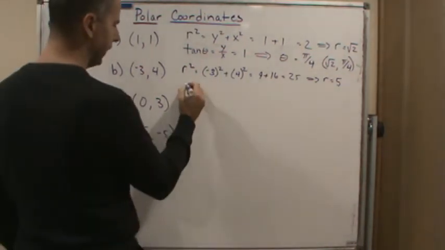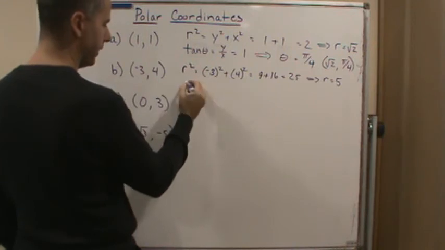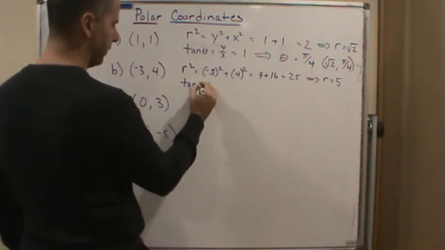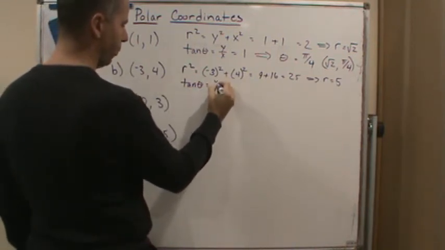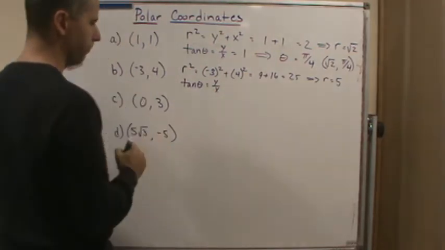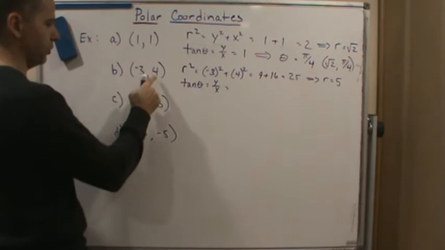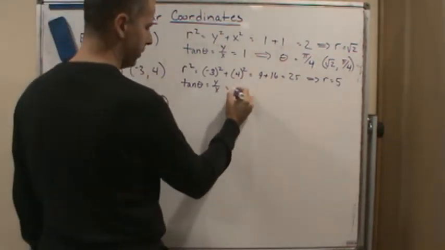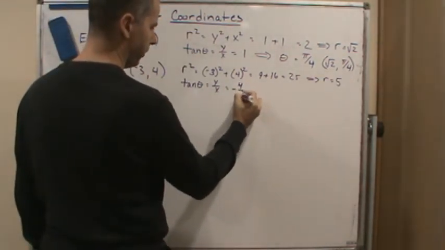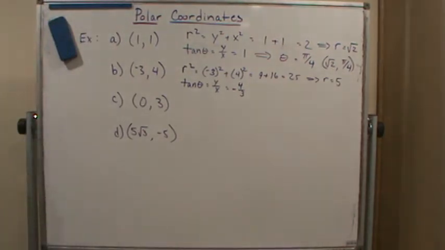And now for theta, we're going to use the formula that tangent theta equals y over x. So tangent theta is equal to 4 over negative 3, so negative 4/3.